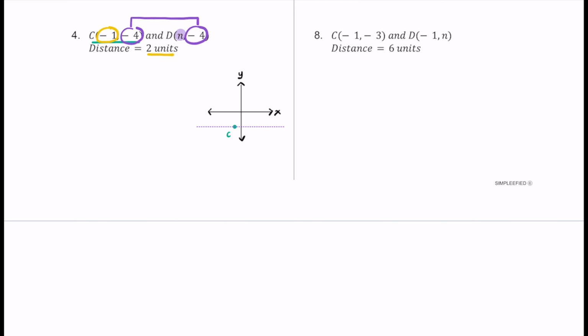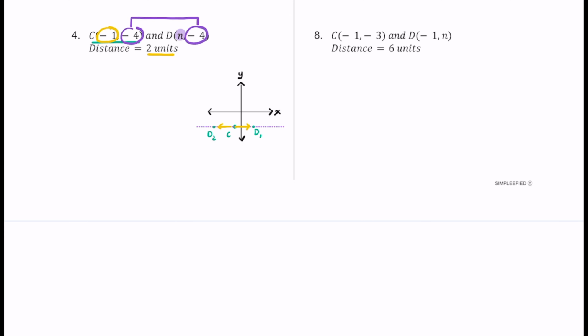Okay, so one possibility is we could be at -1 and move 2 units to the right. That would be over here somewhere, and we could call this one point D1. This would maybe be one of our possibilities for point D. And we could also move 2 units to the left. That's another possibility. If we put a point there, that would be our second D possibility, or point D2.